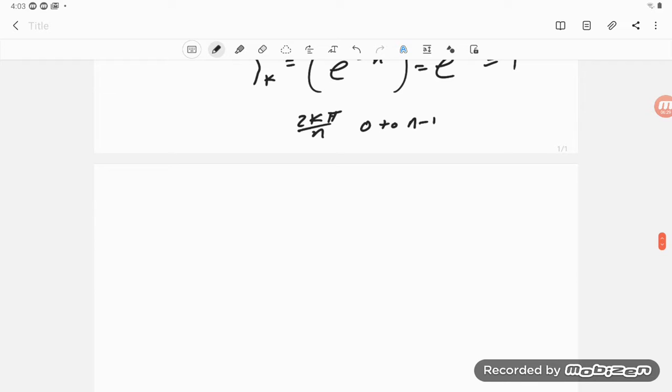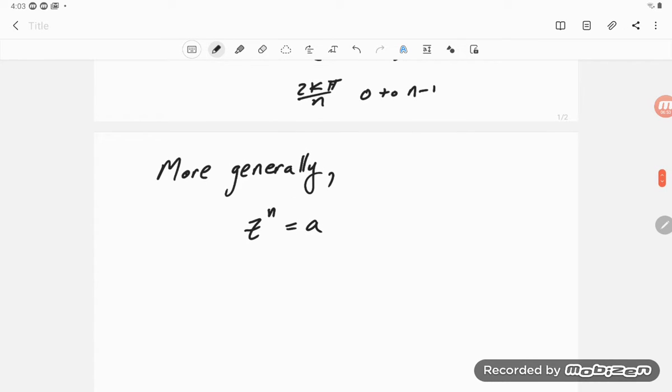Now, then they say, well, what do you do for a more general equation? Okay, so suppose you have, so more generally, suppose I want to solve z to the n equals a. Now why they use an a all of a sudden, not sure, but a is an element of the complex numbers, and a is not equal to 0.